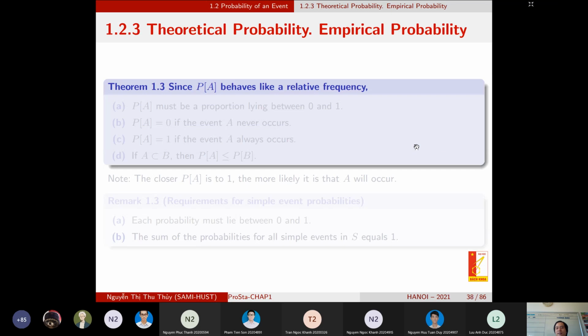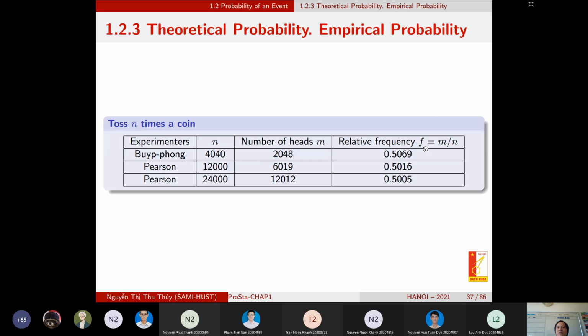So the relative frequency is 0.5069. You see, the relative frequency is very close to the theoretical probability. We know that the probability of getting heads in each experiment is 0.5, or 1/2. If we conduct the experiment many times, the relative frequency is very close to 0.5.